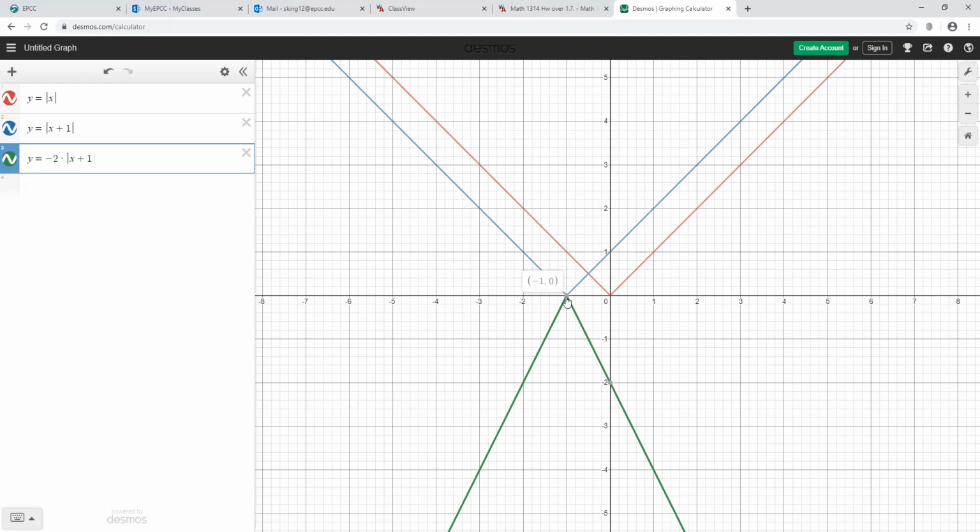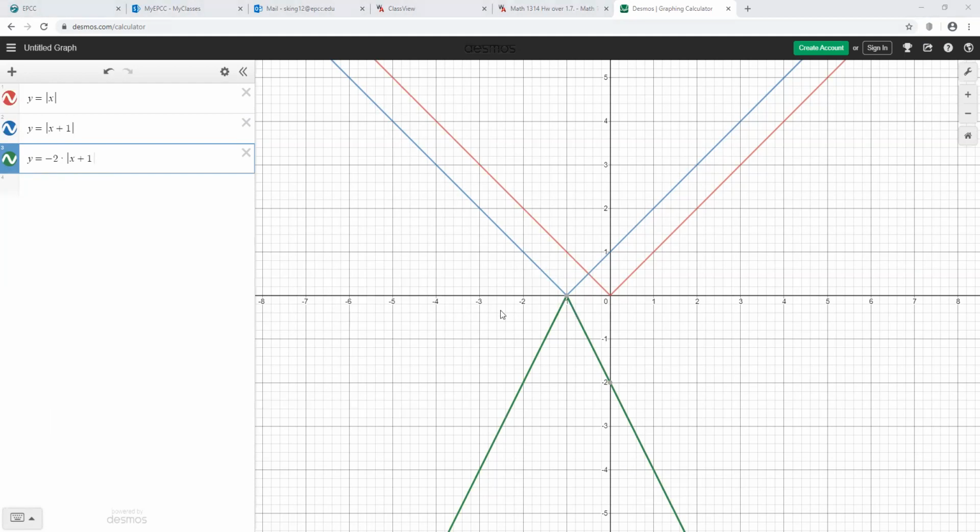Because what happened is, one, the blue graph reflected over which axis, Griselda? The x-axis. That's one transformation. And what about the rigidity of the basic shape of this graph?